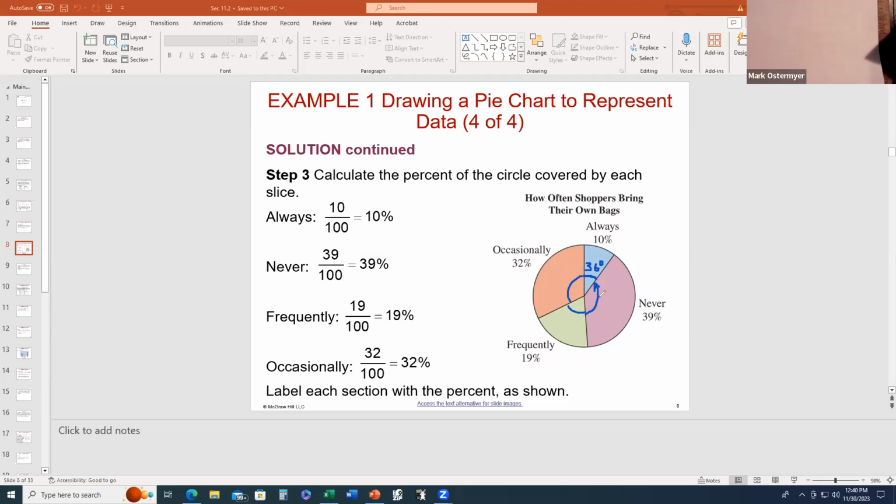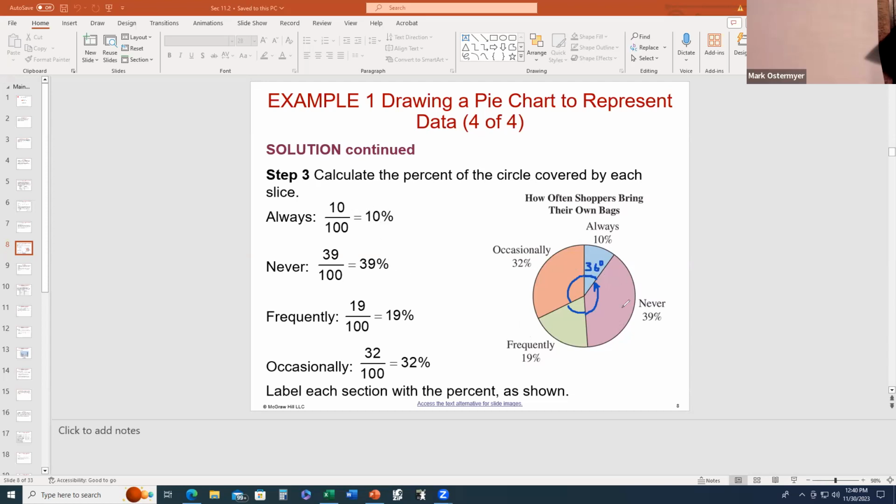And so you can see that the frequency of each category is proportional to the size of the piece or the sector of the circle that is devoted for that particular category. So the greater the frequency, the larger the size. Okay. And they also turn these frequencies into relative frequencies by dividing by 100 and multiplying by 100%.